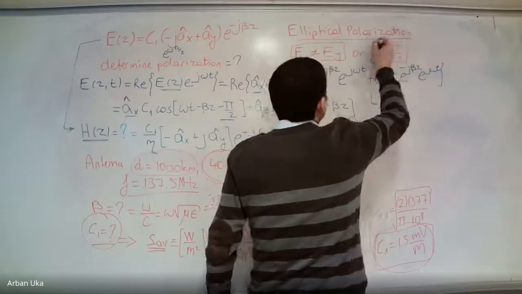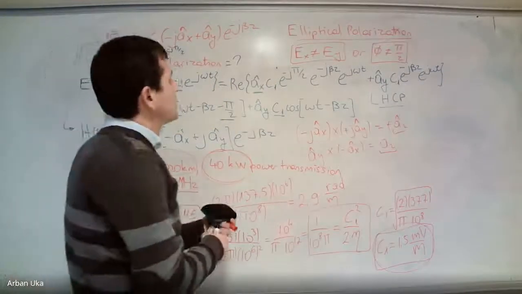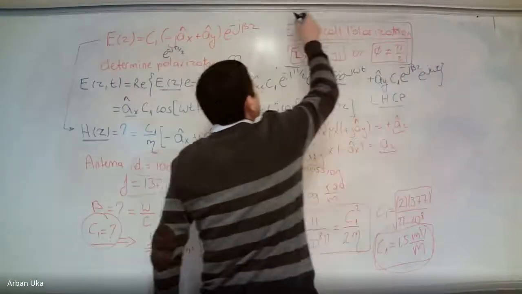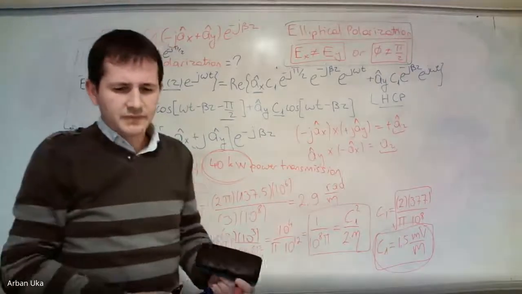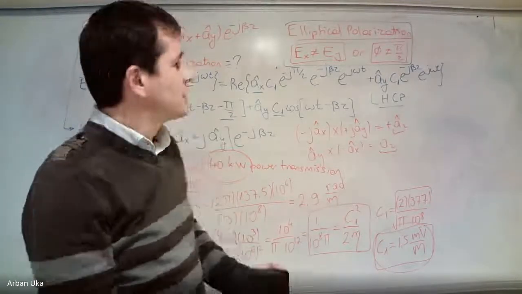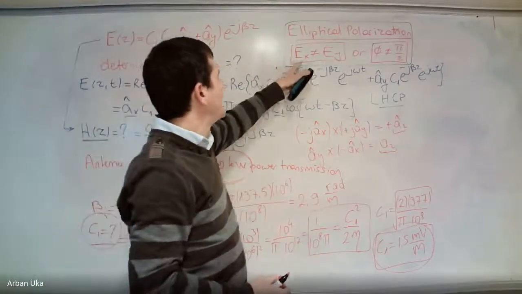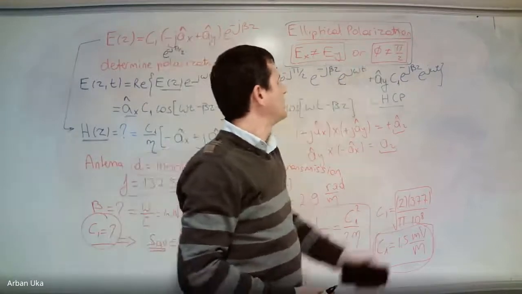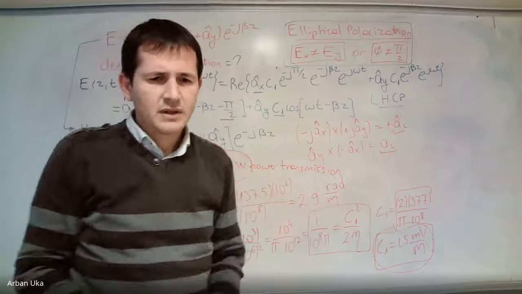We notice that in circular polarization, the amplitudes are the same and the phase angle is pi over 2. With elliptical, we have this new configuration: either one of these two combinations. So non-equal amplitudes along x and y, and/or a phase difference other than pi over 2.